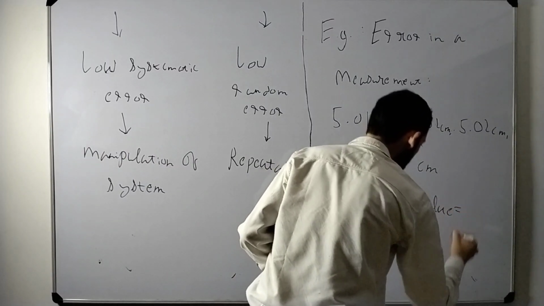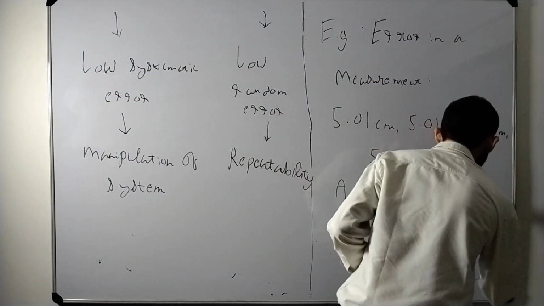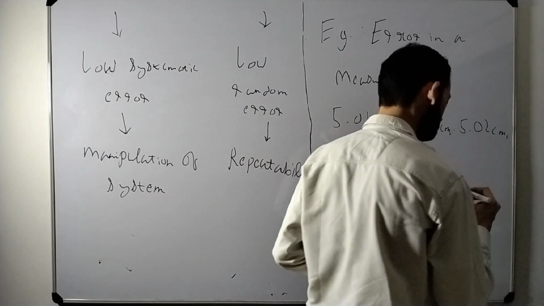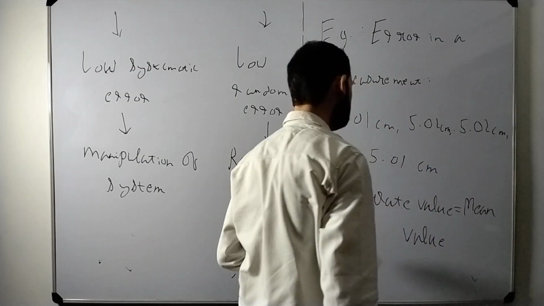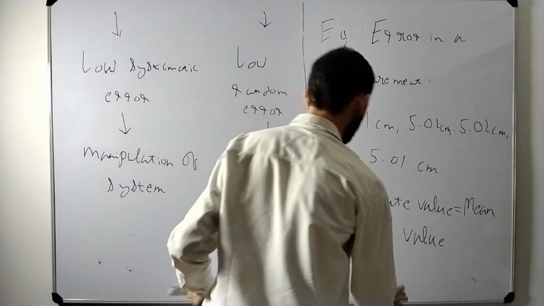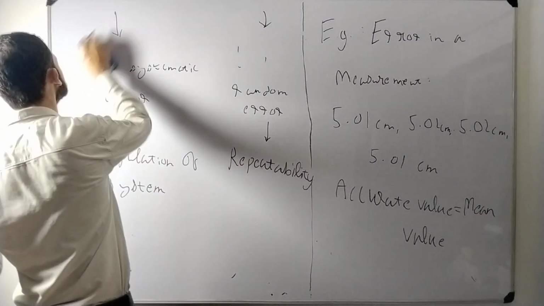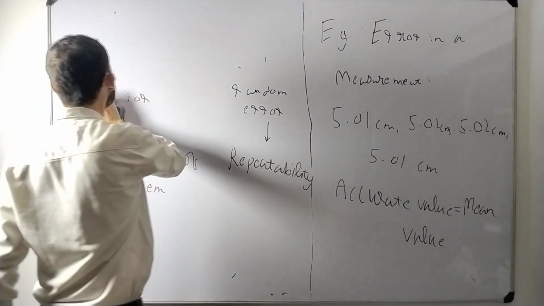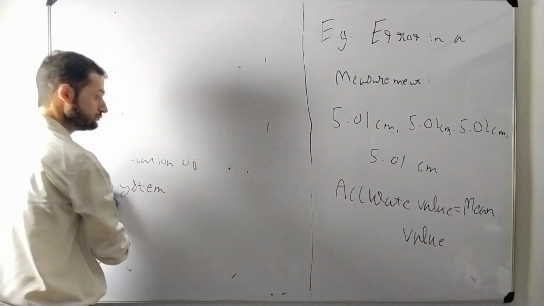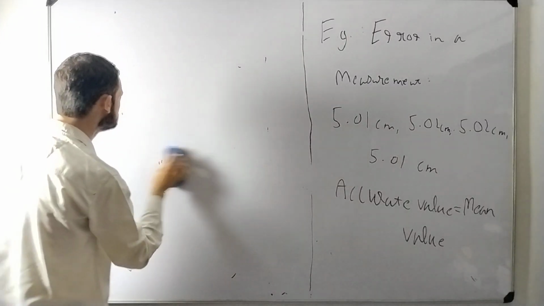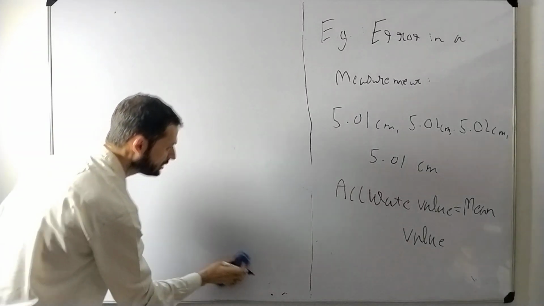So according to accurate value, it's supposed to be the mean value of these quantities. And how would you get the mean value?